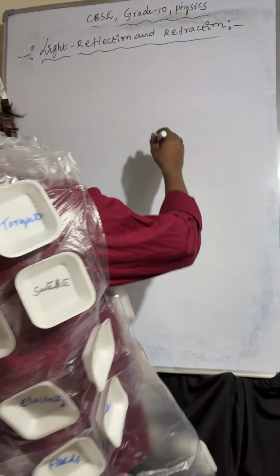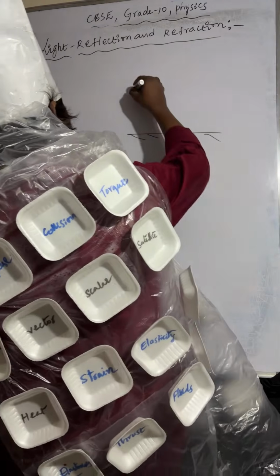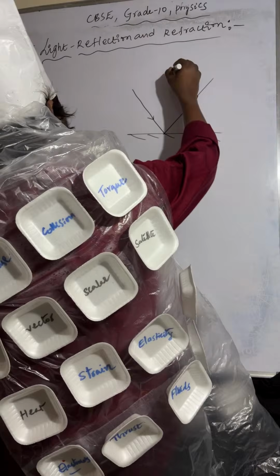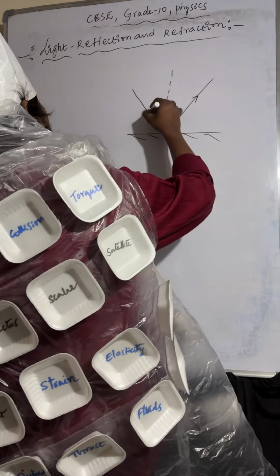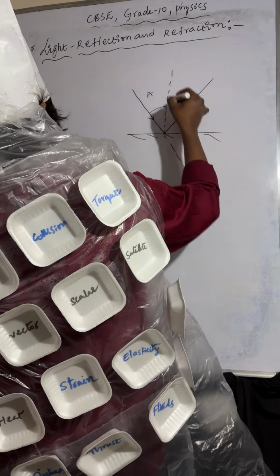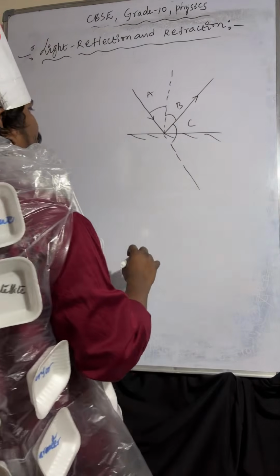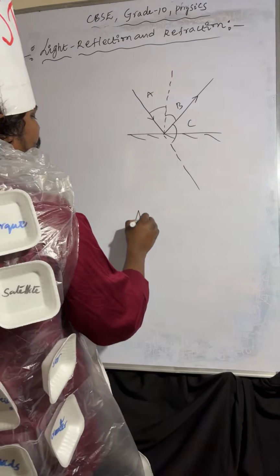So here you can see, I am taking, based on the reflection of light, we will discuss a few points. MCQs only, related MCQs. Whatever we know, related to that only we will test. So I am taking some points A and B and C. What is A?